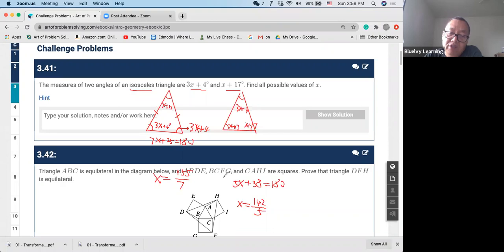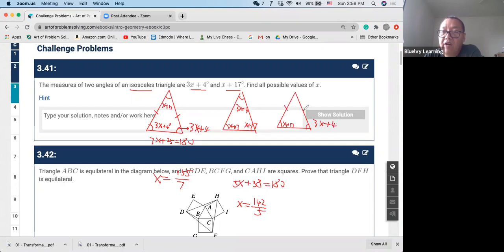I think most students got this too, but then the tricky part is you have another case like this. Suppose this angle equals x plus 17, and this angle equals 3x plus 4.